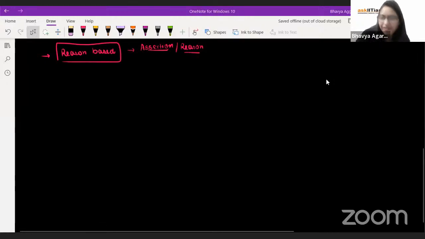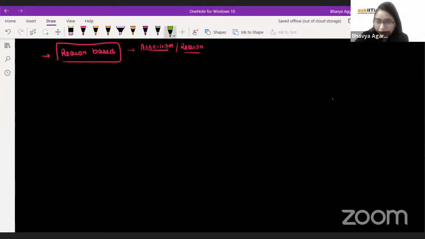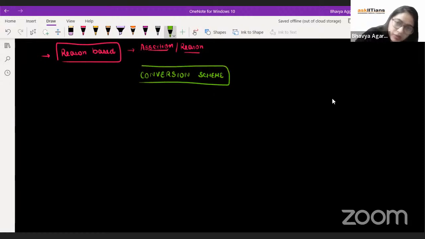So I'll be taking everything one by one and I'll try to cover the maximum things in this part. So first thing is the conversion scheme.